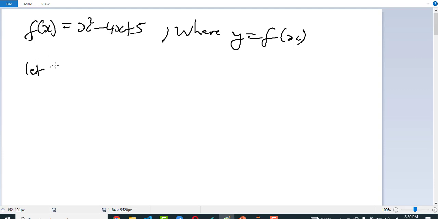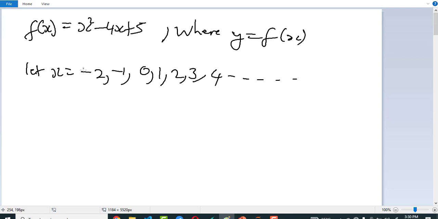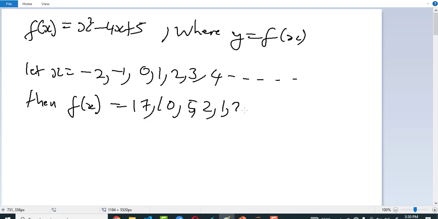Let x equal, we can start from the negative side, minus 2, minus 1, 0, 1, 2, 3, 4, and going forward. By substituting these values, f of x, meaning the y value here, will be equal to 17, 10, 5, 2, 1, 2, 5, and so on. These are the values that we have.